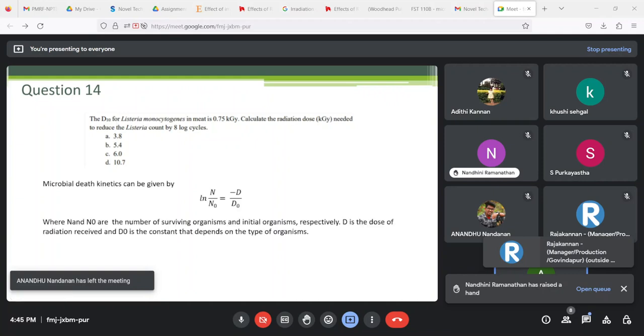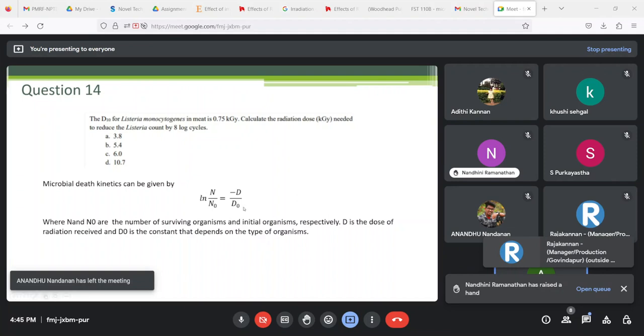Any microbial death kinetics is generally first order kinetics, and it can be given as ln of N by N naught equals minus D by D naught, where N is the number of surviving microorganisms after irradiation, N naught is what was originally present before the radiation process, D is the dose that you gave in the irradiation process, and D naught is a constant that depends on the type of organism.